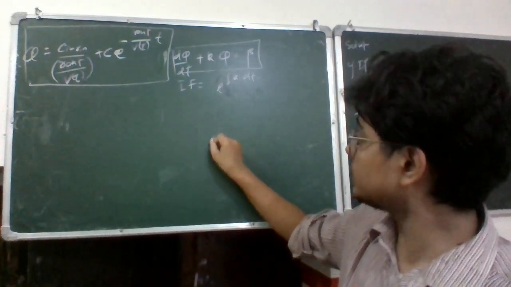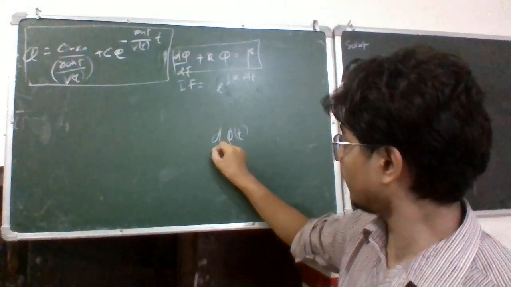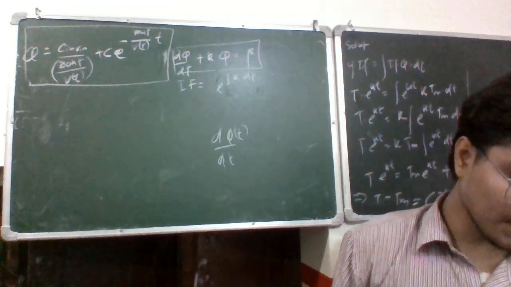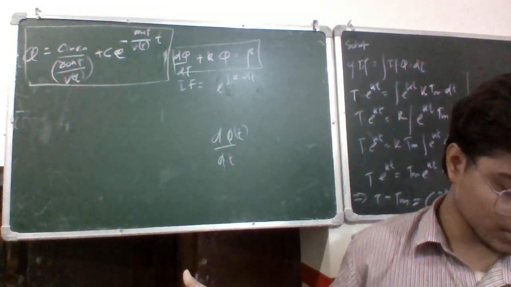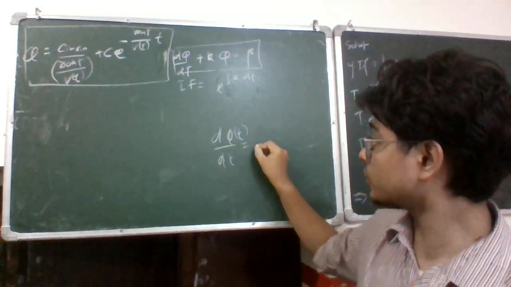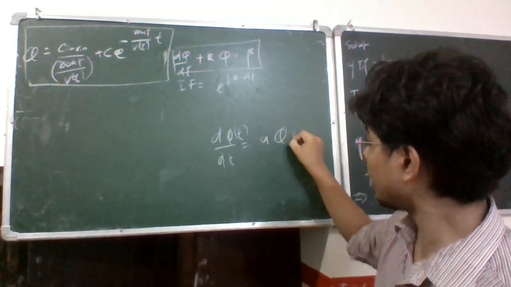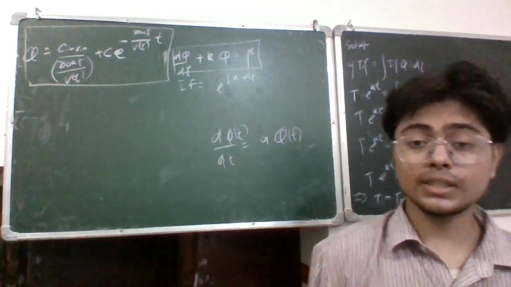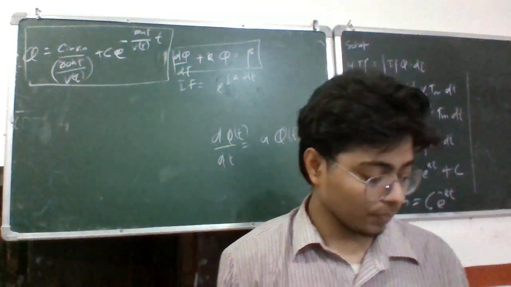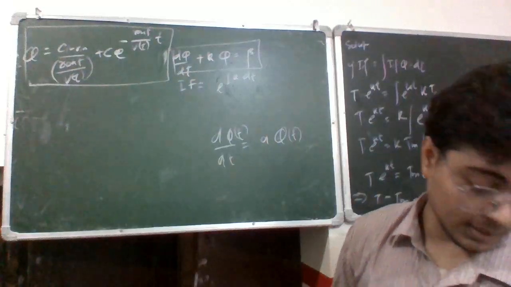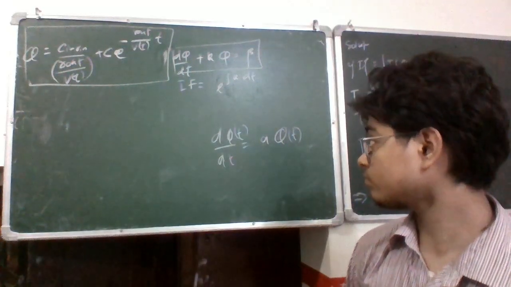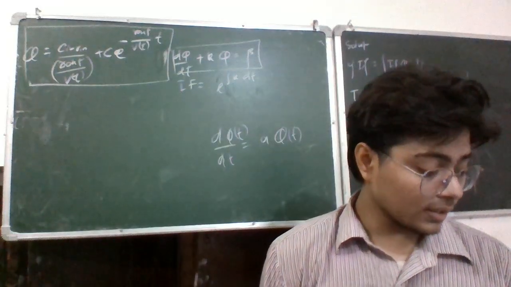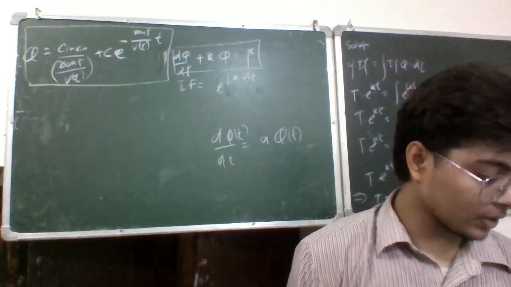So we have dQt by dt, where Qt is the amount of radioactive substance, and this is proportional to the amount of substance at a particular instant of time, and this suggests that we will get an exponential solution. Okay, so this is our radiocarbon dating problem equation.